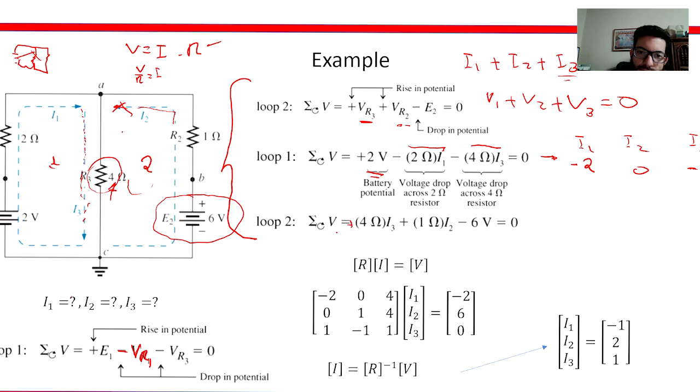And then we have the second equation, where I1 is 0, I2 is positive 1, I3 is positive 4, and positive 6, because it goes to the other side of the equation, the right hand side. And then we have two equations and three unknowns, because we're solving for current.